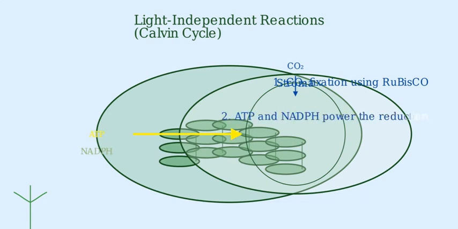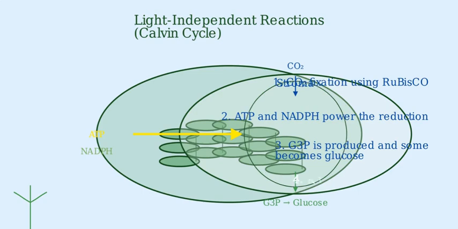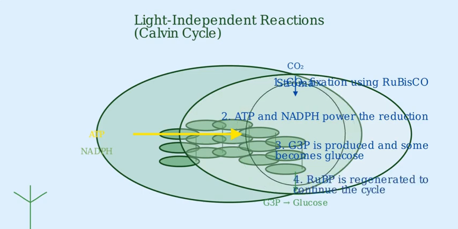ATP and NADPH from the light-dependent reactions provide the energy and electrons needed to reduce carbon dioxide and form carbohydrates. This process produces glyceraldehyde 3-phosphate, or G3P, which can be used to make glucose and other carbohydrates that the plant needs. Finally, the cycle regenerates the initial carbon acceptor molecule so it can capture more carbon dioxide, continuing the process.